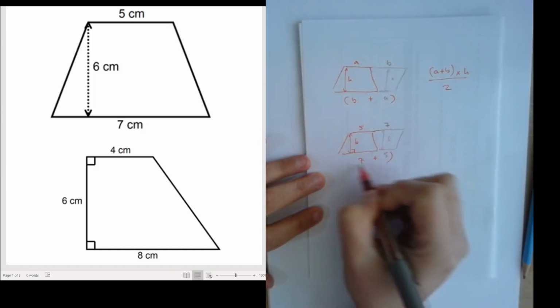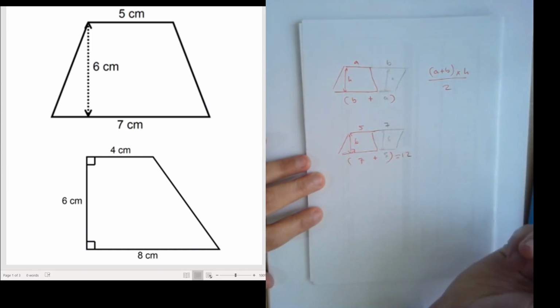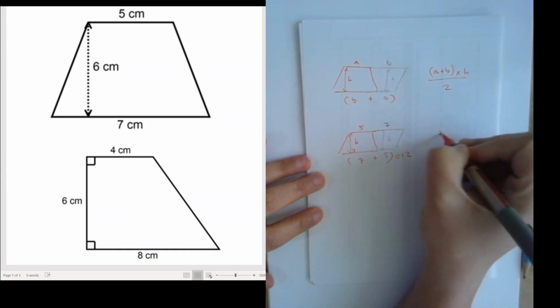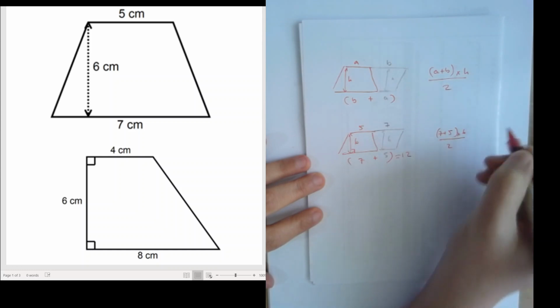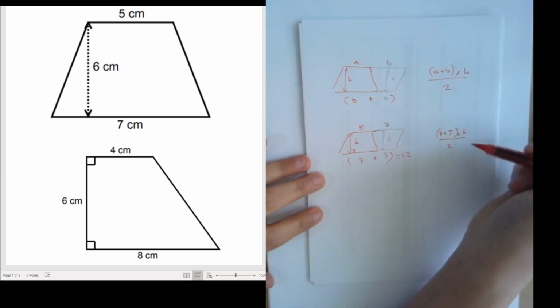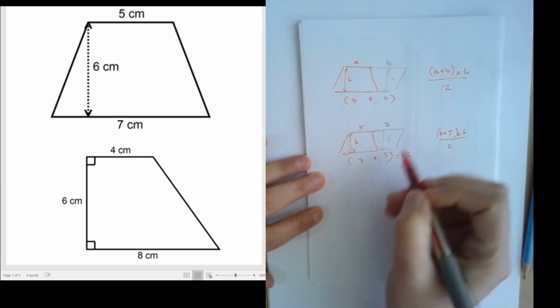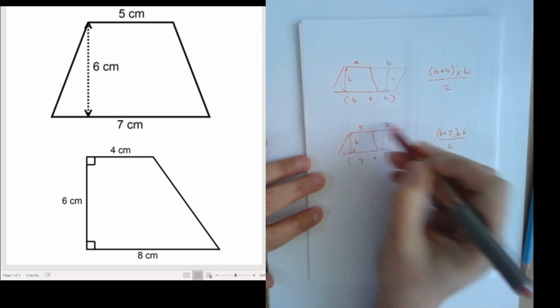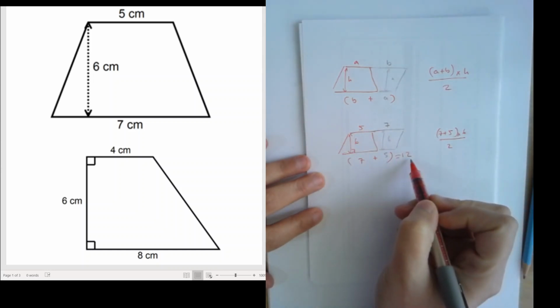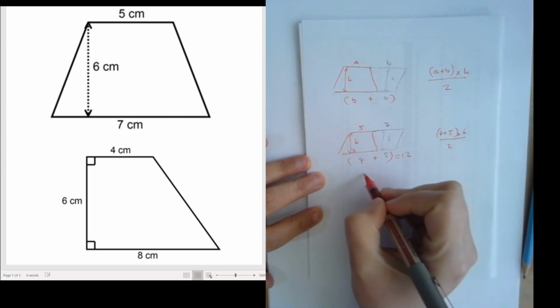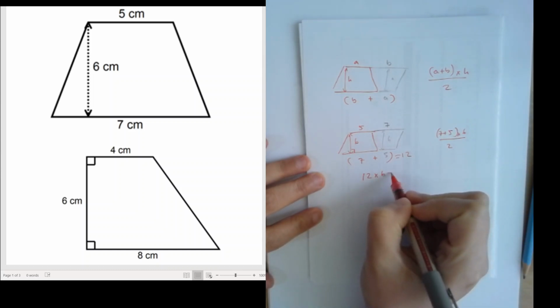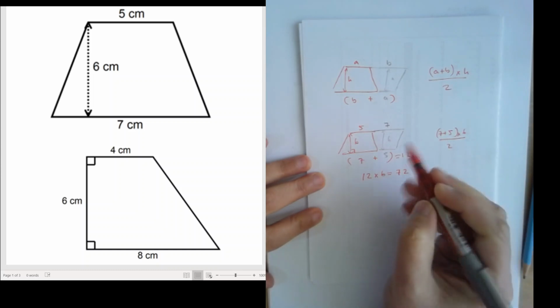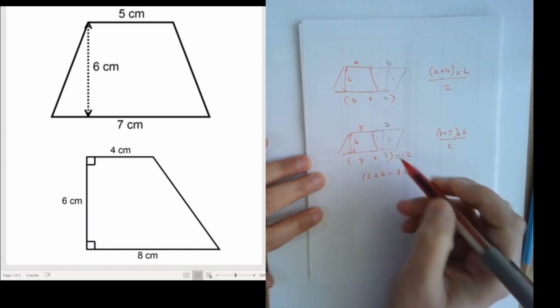Well, first of all, I'm going to add these two together, which make 12. Okay, because I need to do the 7 plus 5. This is just straight up substituting from the top. But even if I just look at it this way, then I've got 7 plus 5 is 12. I've then got the 6, so I would say 12 times the 6, which is 72. And then I don't want both of them, I only want one.